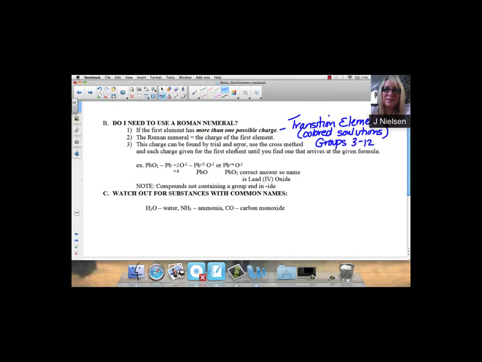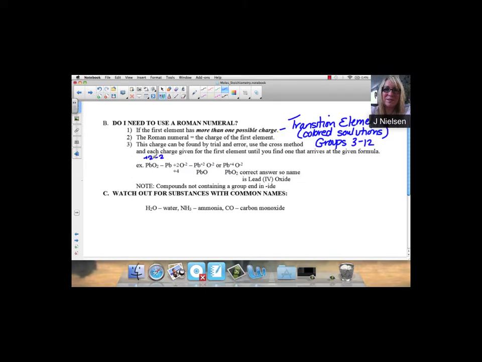This charge can be found by trial and error, and you can use the crisscross method. For example, PbO2. Well, it looks like this 2 came from up here, plus 2. And you know oxygen is minus 2. Well, that wouldn't work because if this were plus 2 and this were minus 2, then it would have been PbO.